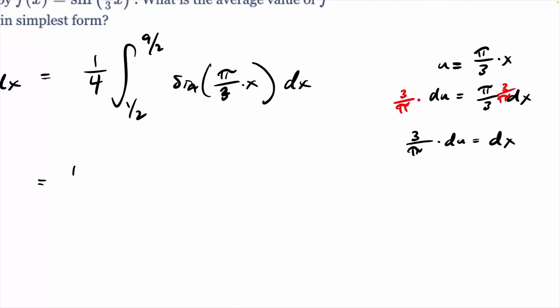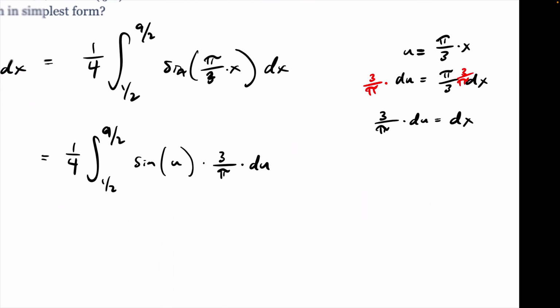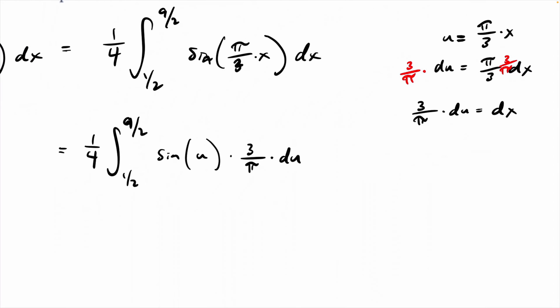Okay, so I get 1/4, 9 over 2, 1/2 over 2. Still have sine, but now I have u. With dx, I have 3 over pi times du. Only got u's.